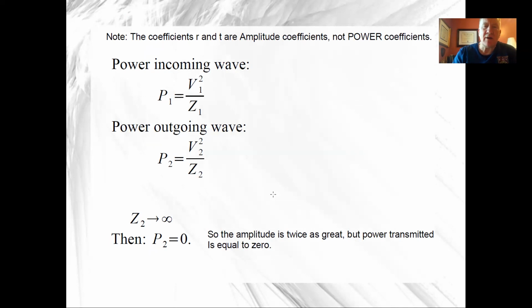If you look at the power of the incoming wave, it's V1 squared over Z1, and the outgoing power is V2 squared over Z2. If Z2 is infinity, then P2 is equal to 0. So the amplitude is twice as great, but there's no power transmitted.